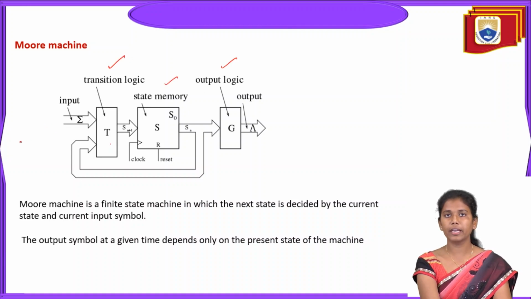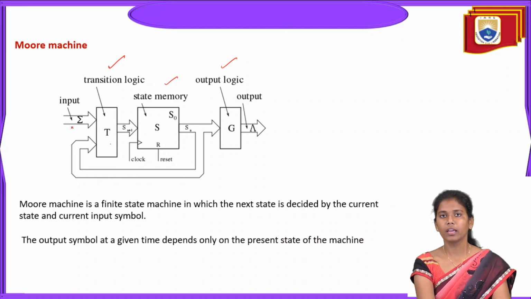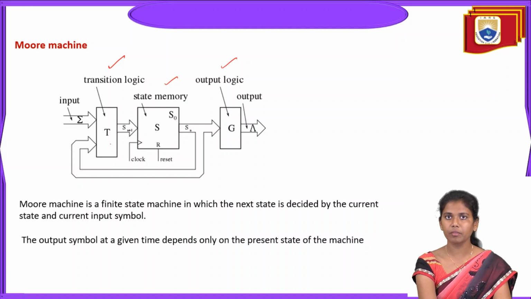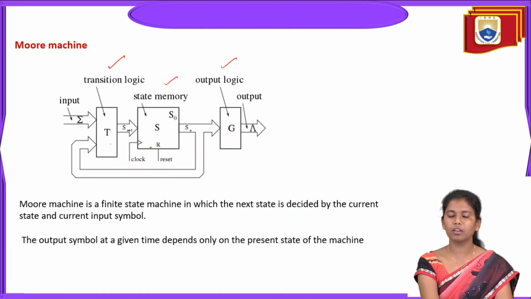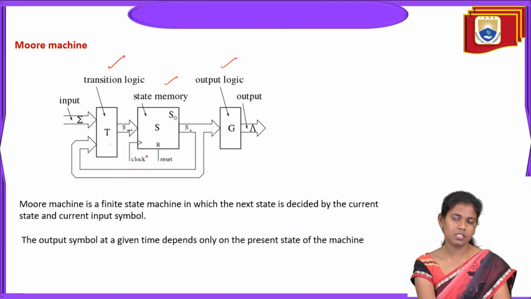The input is given directly to the transition logic, which takes its transition based on the inputs and the state stored in the memory, so that based on the input, the state takes its transition and gives the output. And for the state memory, as it is a memory, we know that we have the clock.